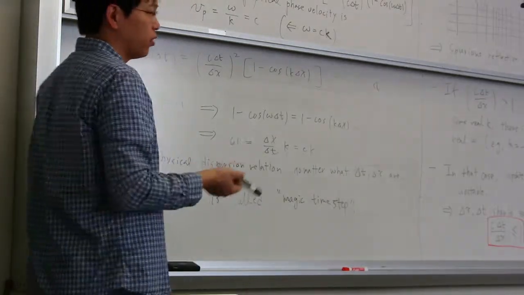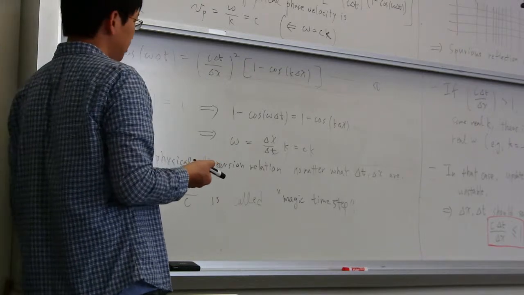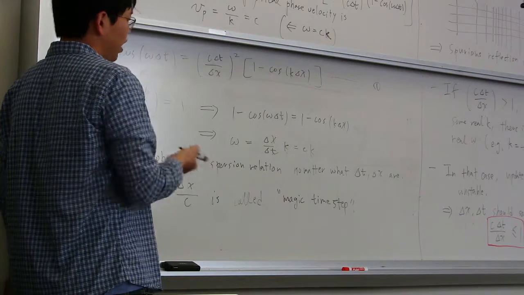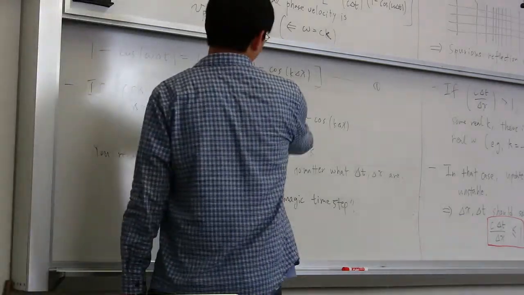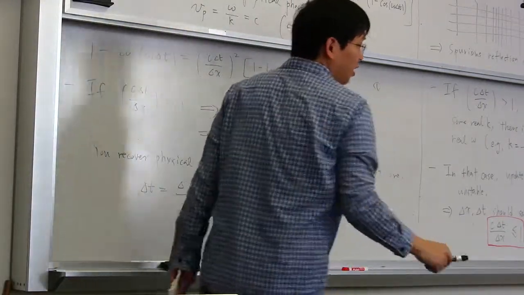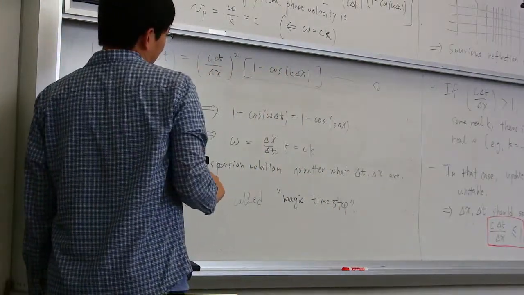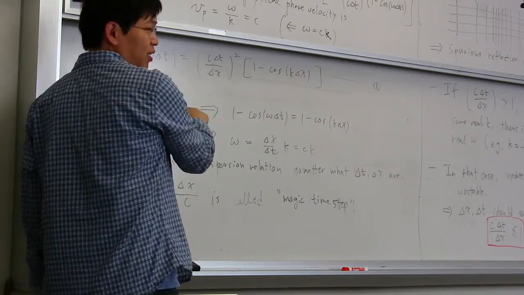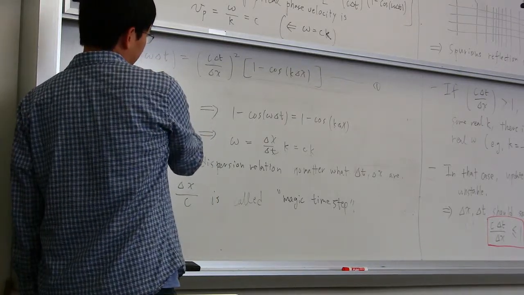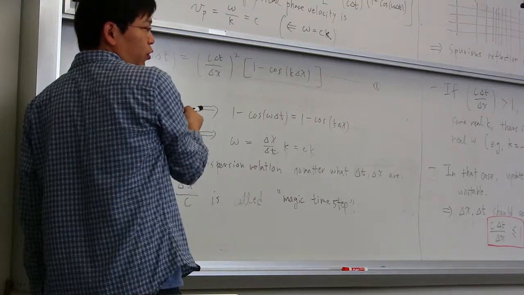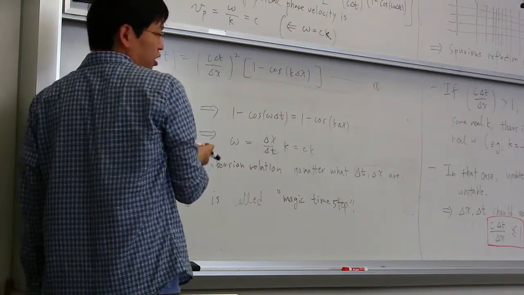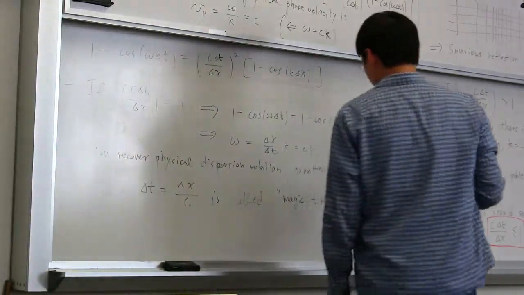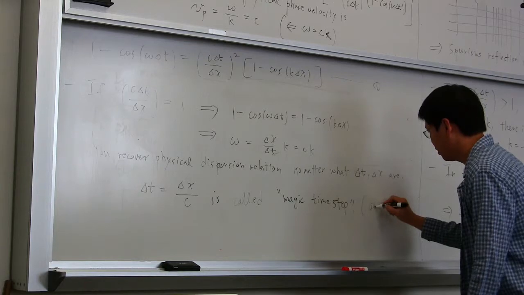The reason it doesn't hold for higher dimensions is that you don't have this simple relationship. You have extra terms, so even if you choose the so-called magic time step, you do not recover the physical dispersion relationship. So only for 1D.